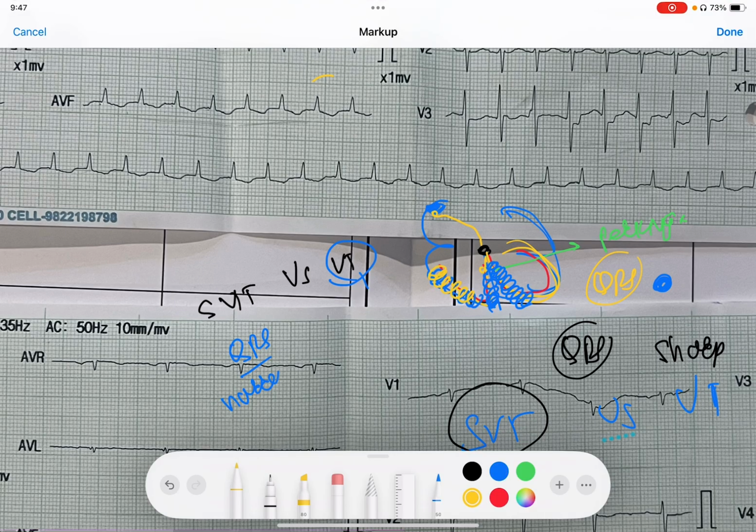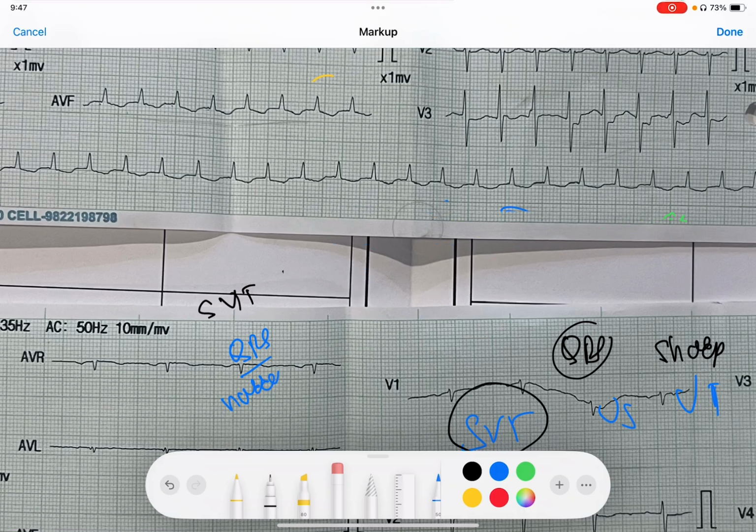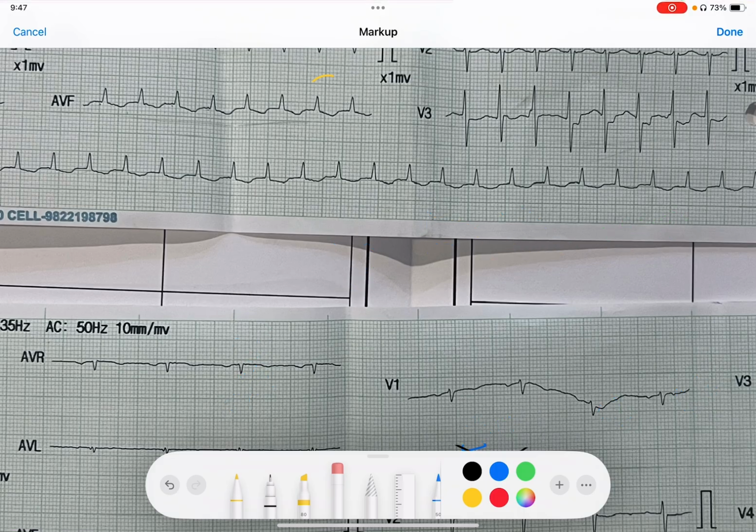Not only does the muscle get damaged, the Purkinje fibers also get damaged. That is why the impulse takes more time to travel. The impulse has to travel from muscle to muscle because the Purkinje fiber network is damaged. So the QRS is wide.